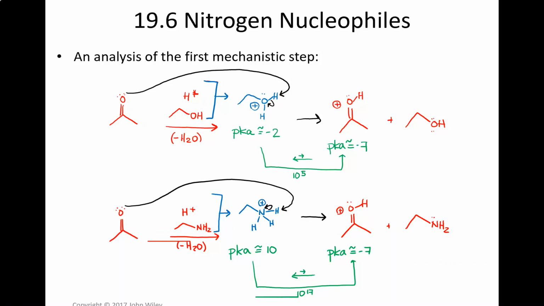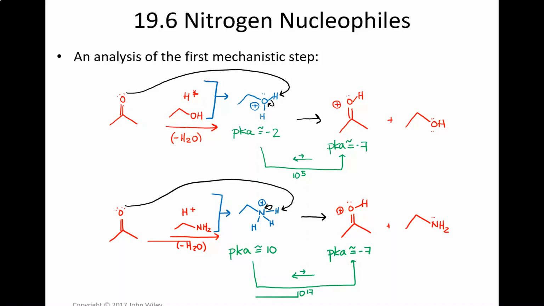So when we use an alcohol nucleophile, typically we show the first step is proton transfer to the carbonyl carbon of the aldehyde or ketone, because again, there's a smaller pKa difference, so it's more reasonable. But with the second step, when we have a nitrogen nucleophile, we're not actually going to show proton transfer to form the products in this case.